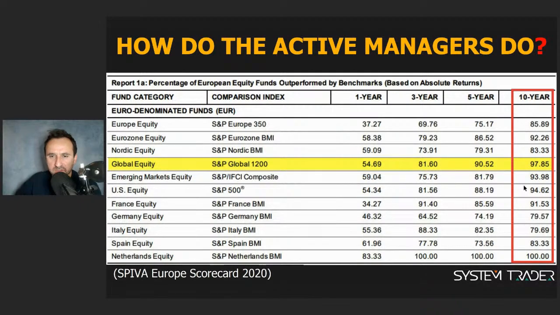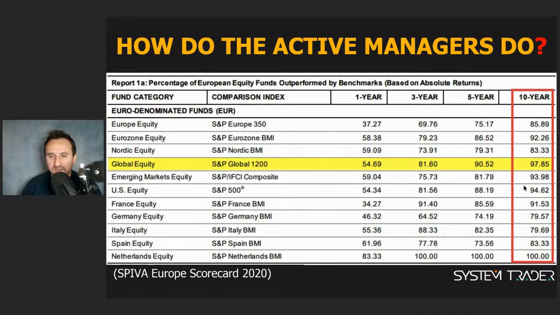And imagine that after 1 year, over 50%, exactly 54% of funds in Europe which were investing globally in an active manner were beaten by a simple index, the S&P Global 1200. It's a simple index which has 1,200 companies globally. After the first year in Europe, 54% of the funds trying to be smarter than the market were actually beaten by that market. But that was just the first year.